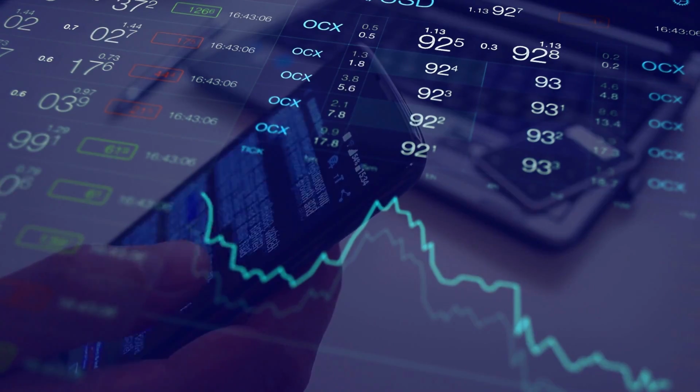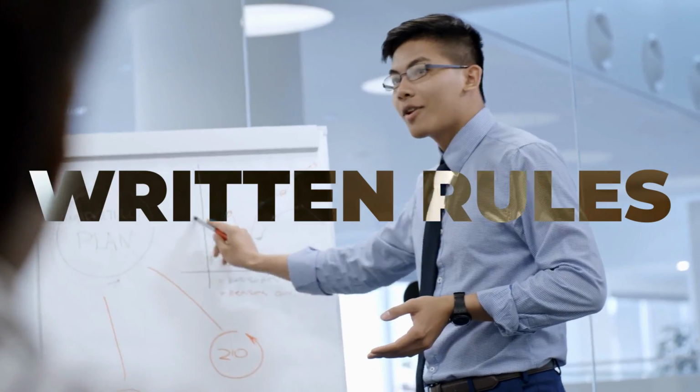Whenever you buy or enter any position, whether it's a long-term investment, short-term, or day trading, it doesn't matter, if you buy something, you need to know precisely when you're going to sell. Precisely, down to the T. You need written rules that you need to follow no matter what. If you don't have this precise system, you don't have a strategy, and you have to be honest with yourself. You've got to shut the ego up.